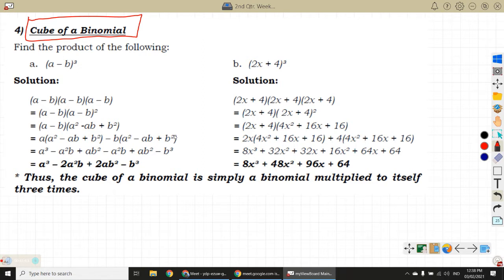Okay? And then the square of a binomial. This time is the cube. Cube of a binomial. The cube of a binomial, this means a minus b times a minus b times a minus b. Kanina, square yan, di ba? Kasi dalawa lang. So now, tatlo na siya. Ang tawag dyan ay cube of a binomial.